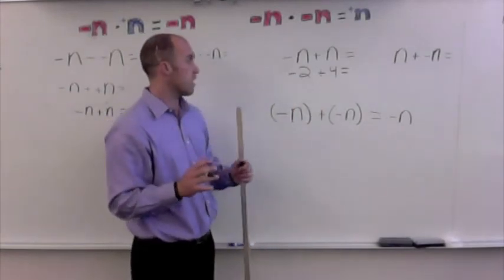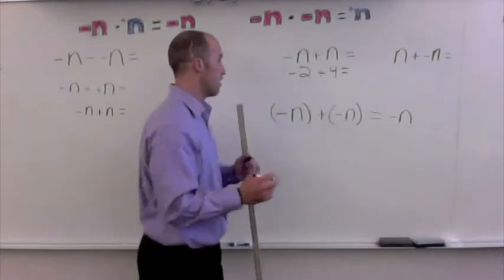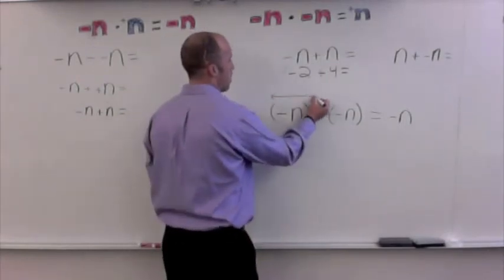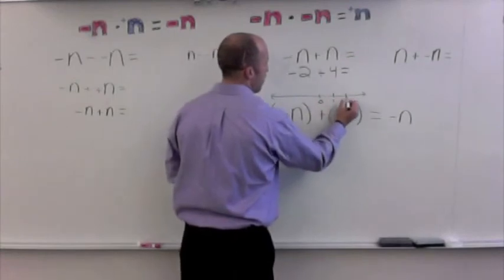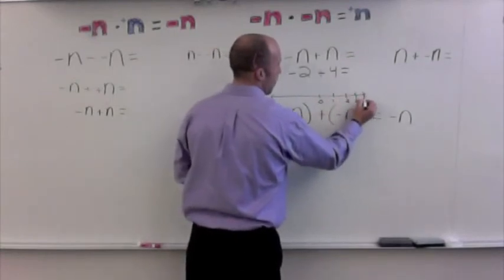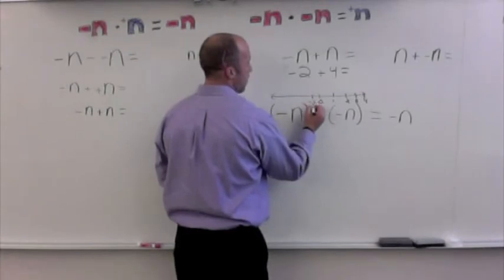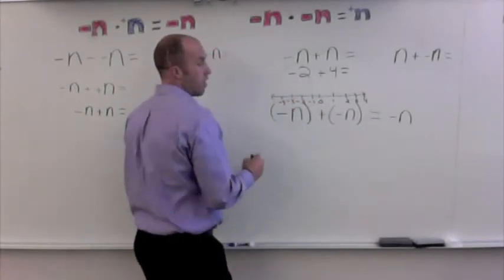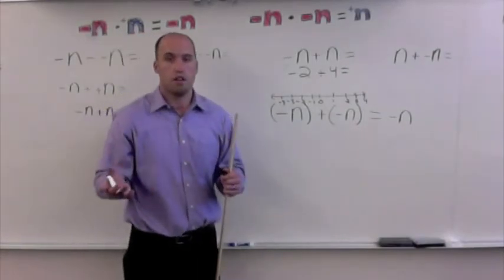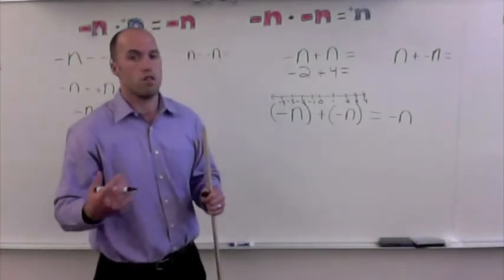Now what we've got to think is that if you want to go with a number line idea, we draw a number line. Here's 0, here's 1, 2, 3, and 4, and on the opposite side we have negative 1, negative 2, negative 3, and negative 4. And a lot of these things, it's nice to draw a number line and maybe check your work or show your understanding.